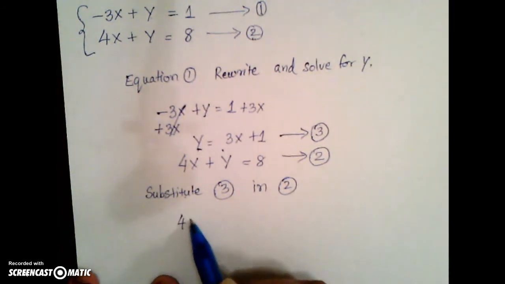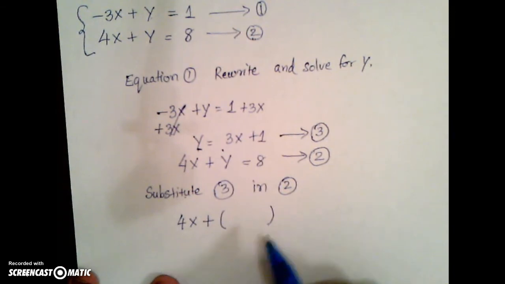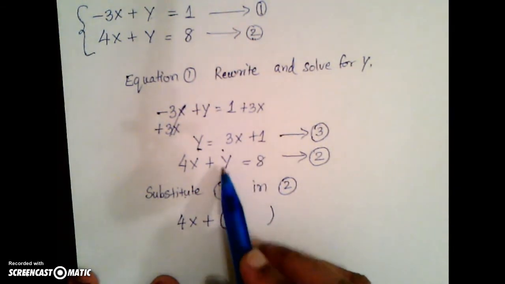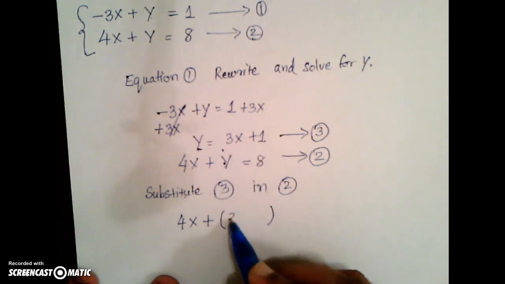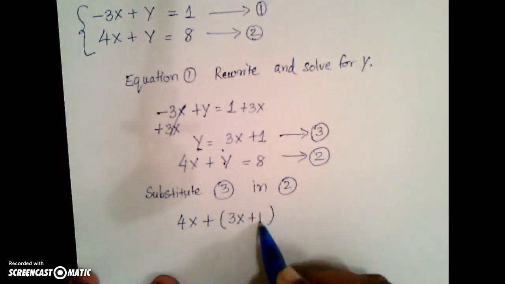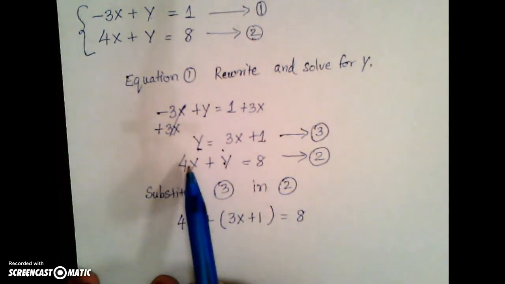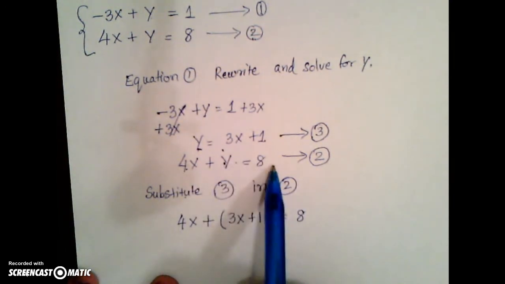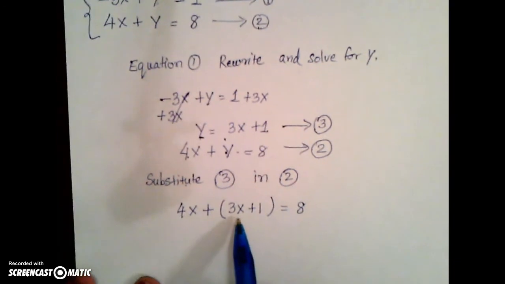Okay, I'm going to substitute 3 into 2. So I have 4x plus, I always use a parenthesis while I substitute. So instead of y, I'm going to write it as 3x plus 1, equal to 8. So this is 4x plus y equal to 8, and instead of y, I just replaced it or substituted it with 3x plus 1.